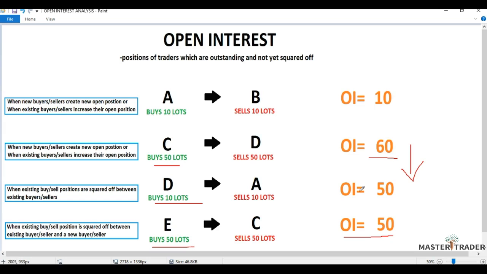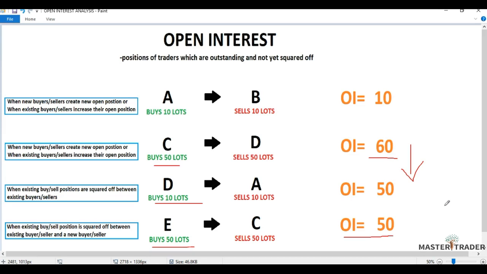The reason the open interest decreased by 10 in the previous example was because A was getting out of the market. A was simply selling his or her 10 lots which were there earlier, so A was exiting the market. And now here E has taken the place of C. Hence, there is no increase or decrease in the open interest.